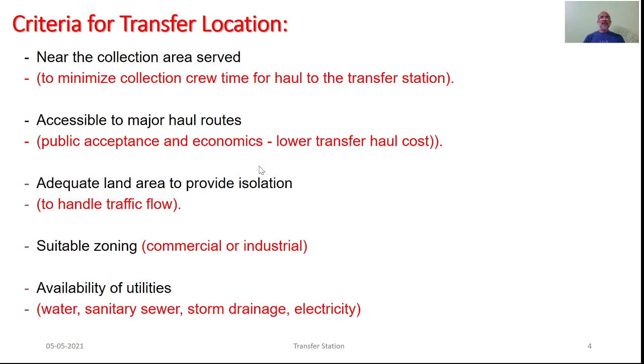As this particular facility serves a number of other functions, it should also be equipped with water, sanitary sewers, even the storm drainage and electricity facility. As far as the transfer station campus is concerned, we wish to have that facility self-sufficient.